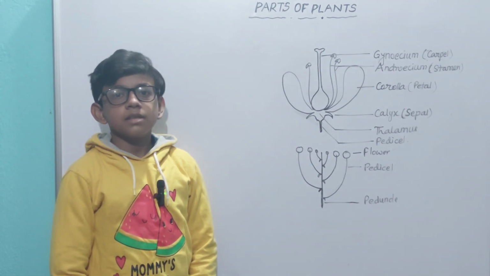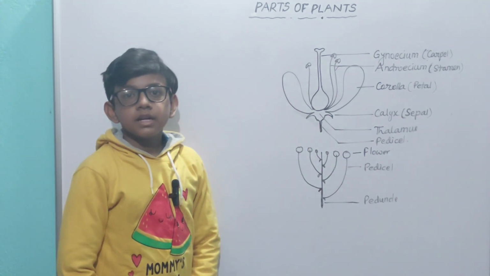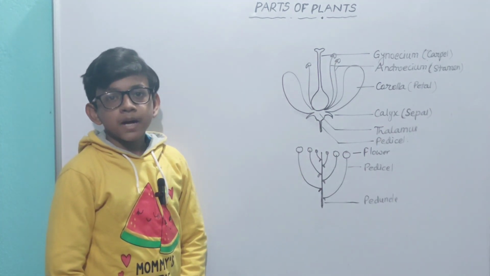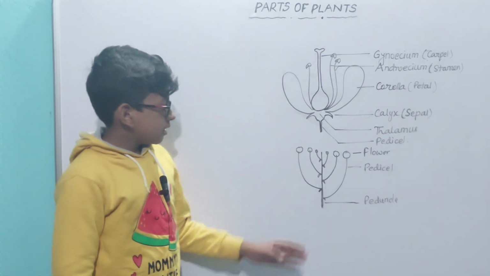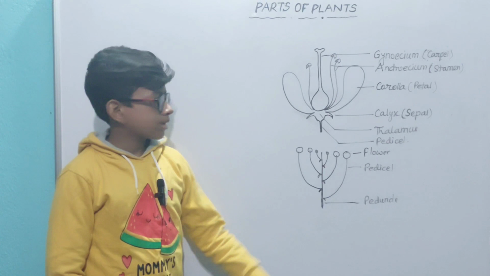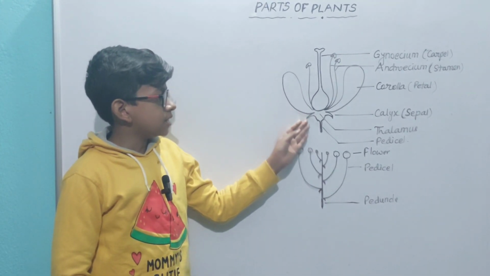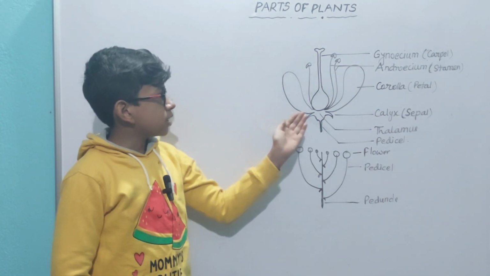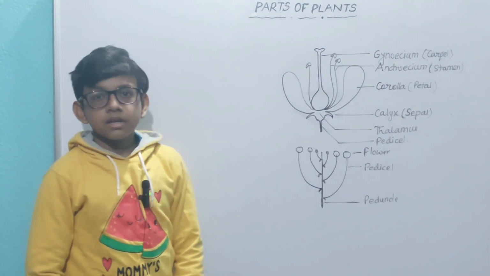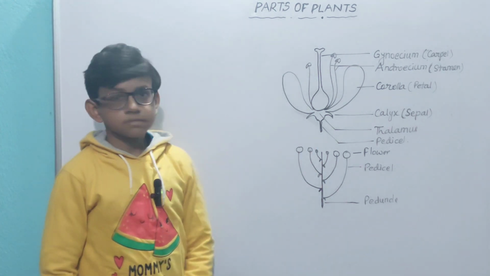Now let's know about some other parts of flowers. Pedicel. It is the stalk by which flower is attached to stem. Thalamus. It is the upper swollen end of pedicel on which all the floral parts are attached. Now let's know about some facts about flowers.